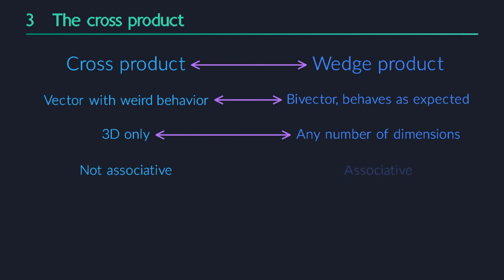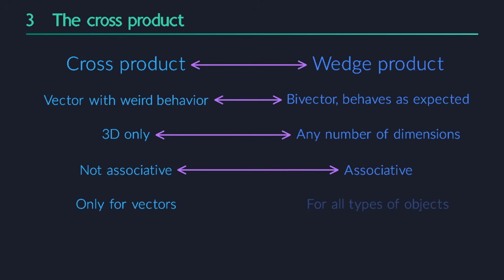Unlike the cross product, the wedge product is associative. That makes it much easier to calculate with. It means that you can wedge 3 or more vectors together, because the entire point of associativity is to turn binary operations into n-ary ones for any value of n. We have an entire video about that.